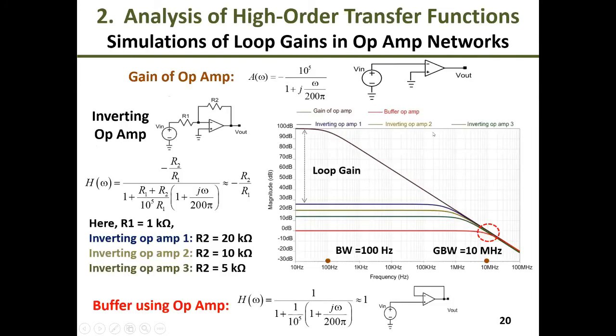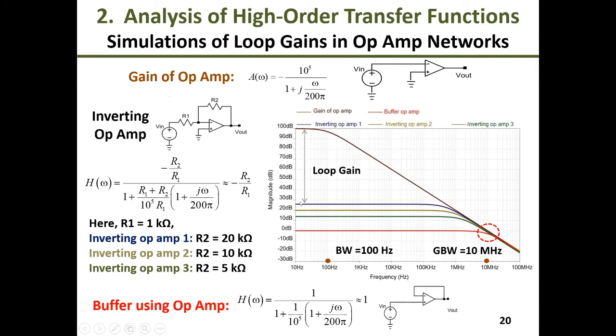Now, let me clarify the difference between the conventional loop gain and the reverse loop gain function. The conventional loop gain is used to define the reduction between the DC gain of an ideal op-amp and the design gain.